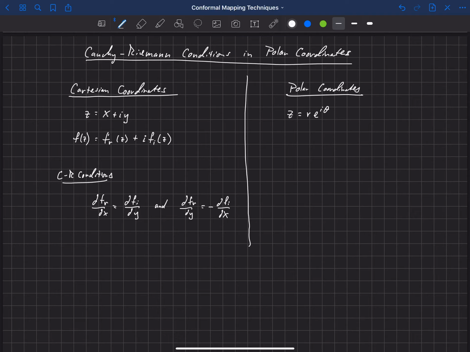So we can use r e to the i theta instead of the x and y components like we would have over here. And of course, those are related. r cosine theta is the x value, r sine theta is the y value, and these are our normal transformations between Cartesian and polar coordinates.